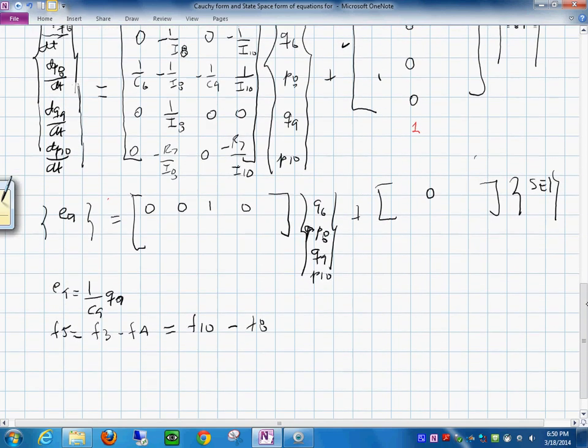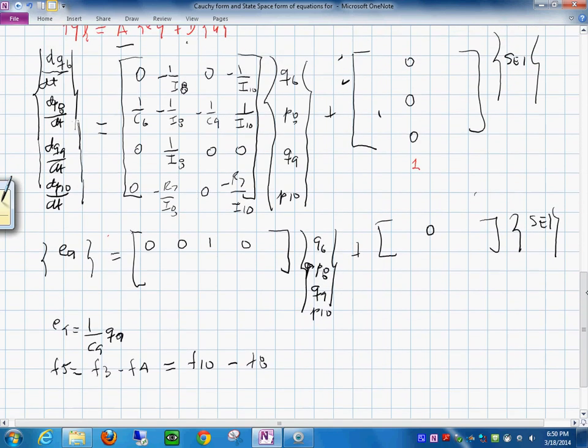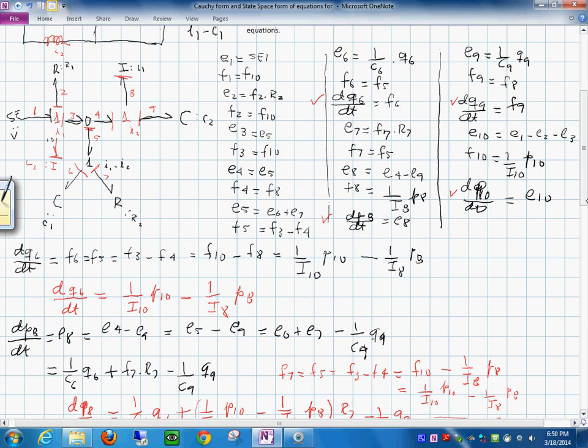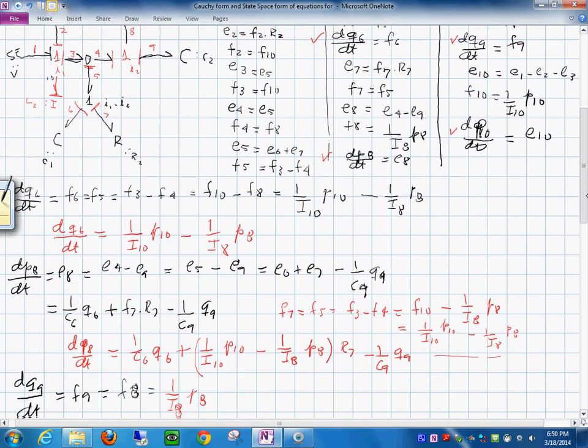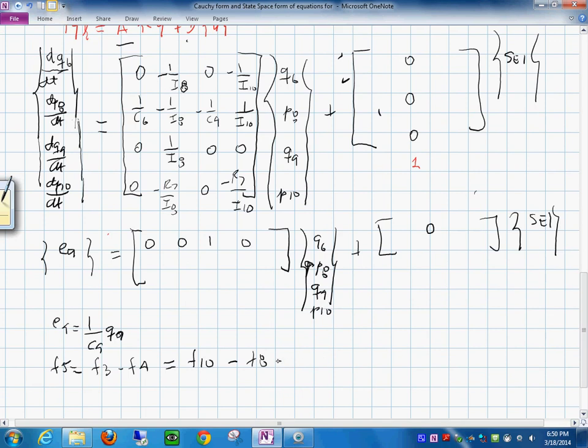If the current, like F sub 10, is 1 over I10 times P10, and F8 is 1 over I sub 8 times P8, then if this is the case, we have this as the result.